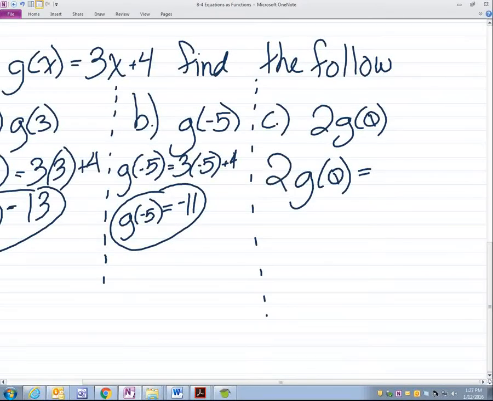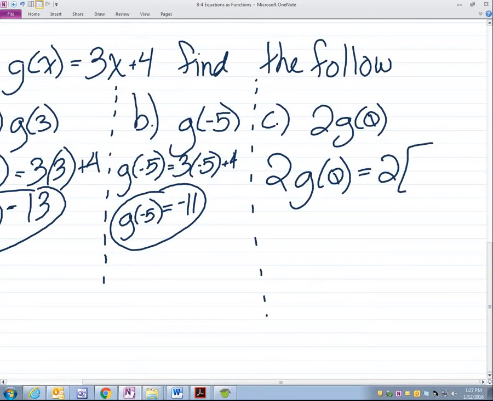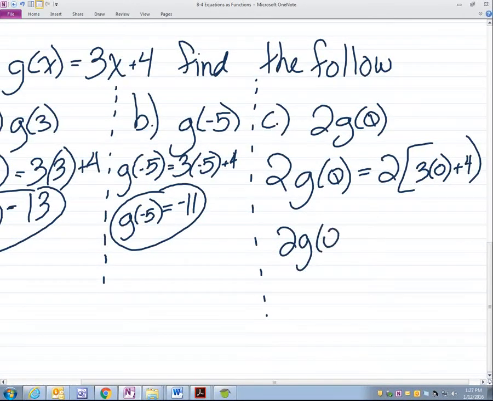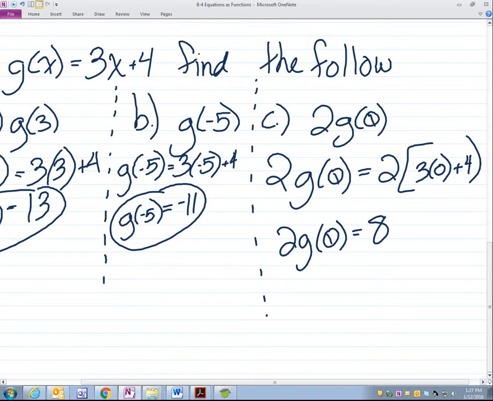We have 2 times g of 0, which is 3 times 0 plus 4, is equal to 8. So that's what that function comes out to be. Your answer would be 8. That 2 can hang out there. Don't confuse that for solving for variables, okay?